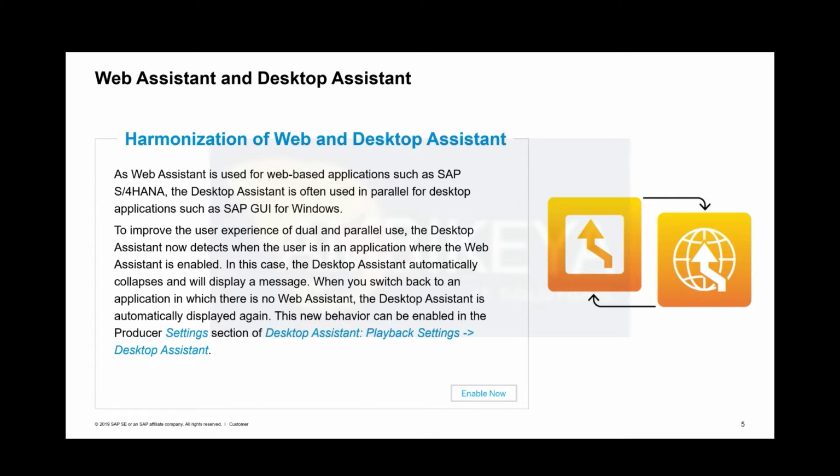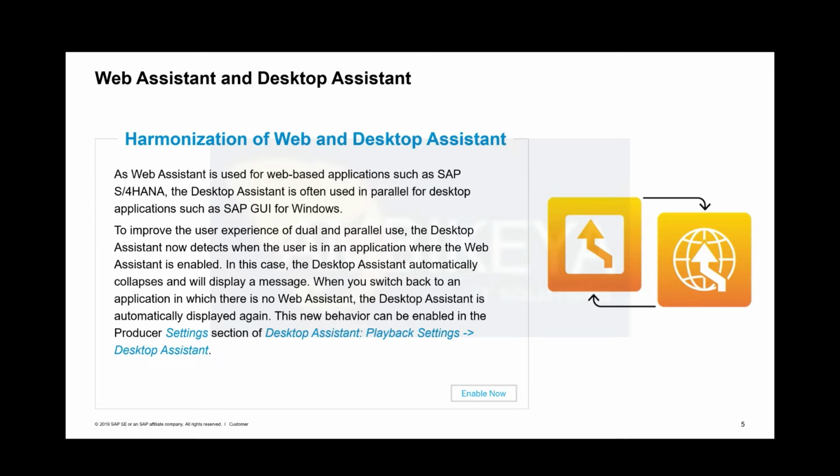The Web Assistant tells me here is content for you, and Desktop Assistant, still up and running, says for this particular web page in that browser I don't have content for you. So who is actually telling the truth? That was the big deal from an end user perspective, and that was a reason that really stopped people from broadening their scope from Desktop Assistant up to using Web Assistant.